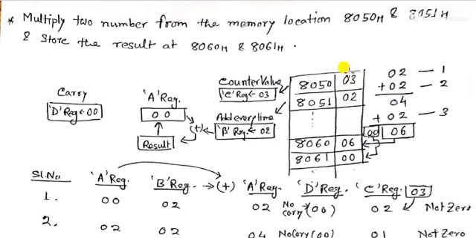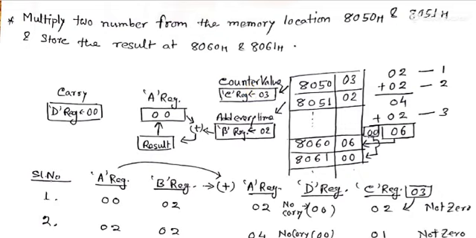If 3 is the counter value, then number 2 is added 3 times. If 2 is the counter value, then number 3 is added 2 times. So here we consider the value at location 8050 as the counter value, and we store this counter value in the C register first. That means in the C register we store 03.